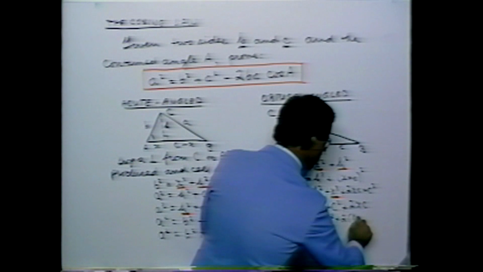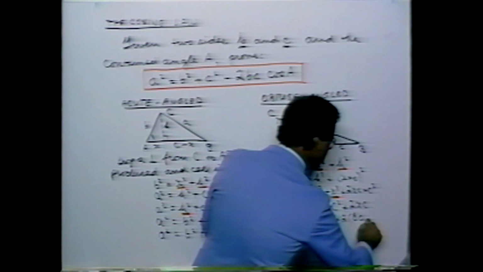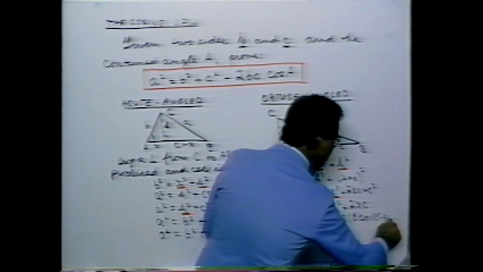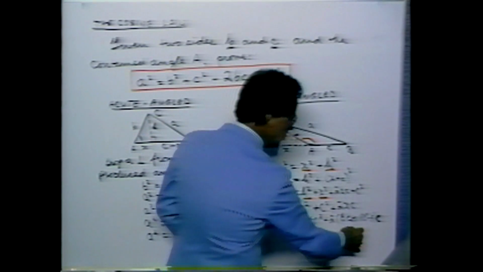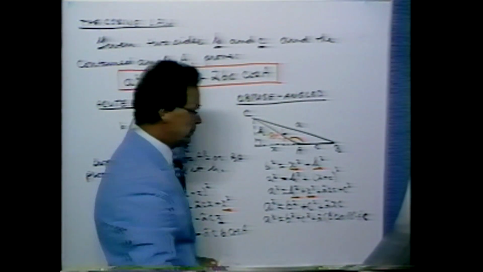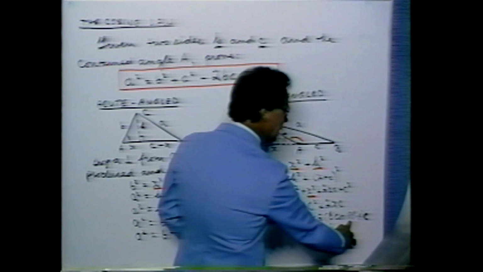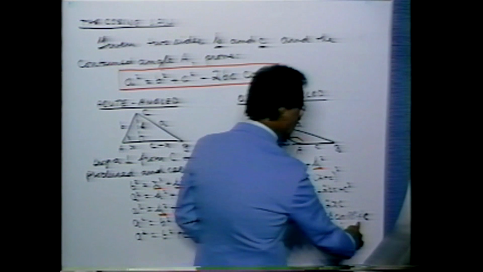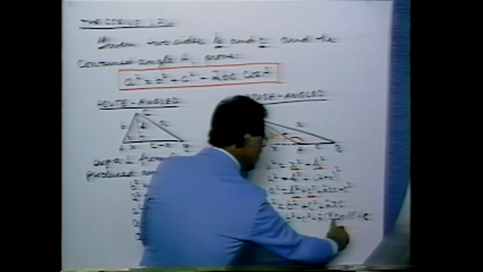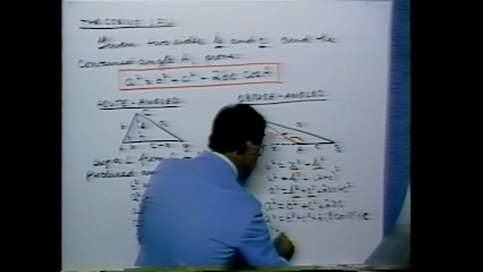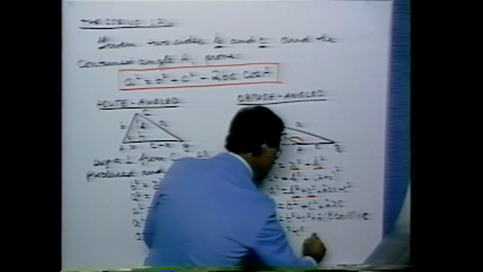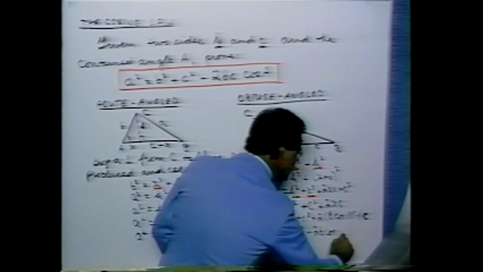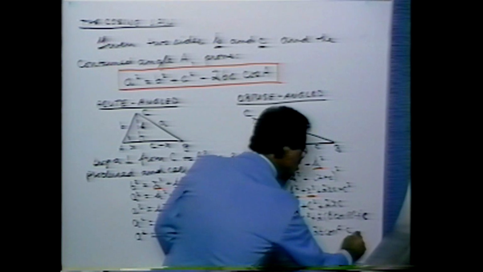b cos of 180 degrees minus A times c. But as you know from a previous tape, any second quadrant cosine is negative the related acute angle A. Consequently, this is equivalent to a squared equals b squared plus c squared minus 2b cos A times c.